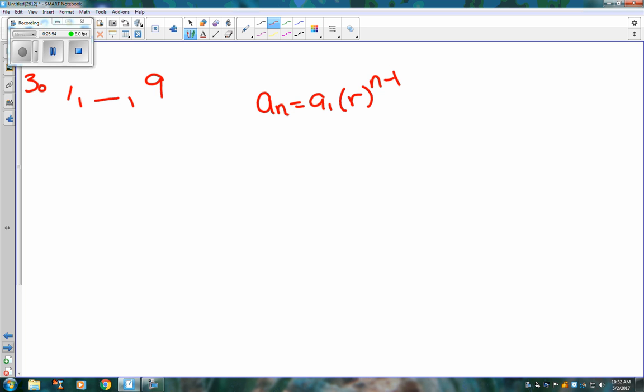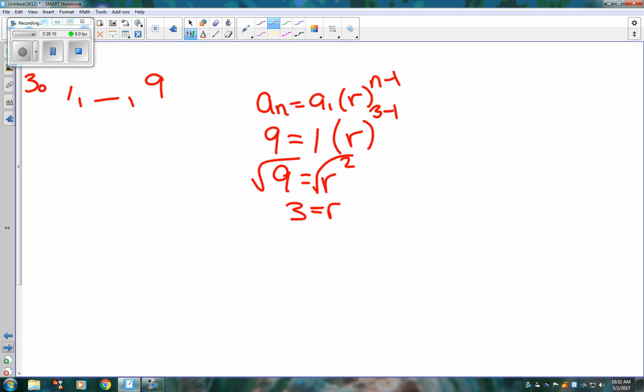So I know that 9 is equal to 1 times r to the 3 minus 1. Nine is equal to r squared. What's the square root of 9? 3. So I know I'm increasing by 3 every time. So what's 1 times 3? What's 3 times 3? Does it work?